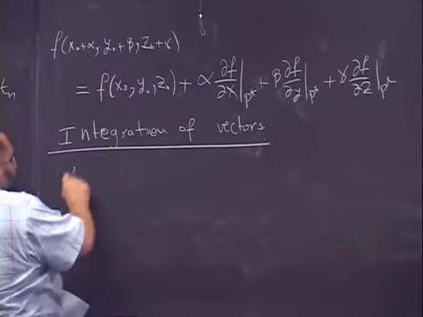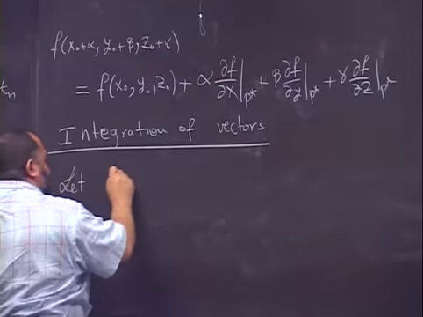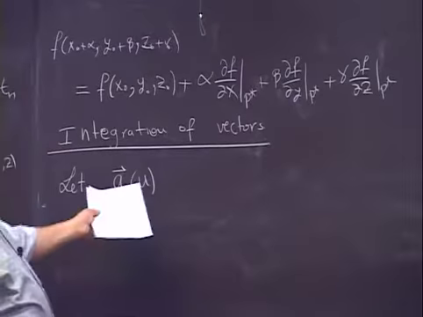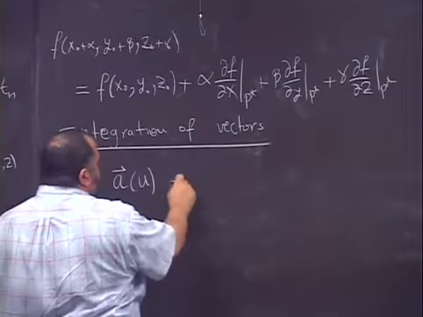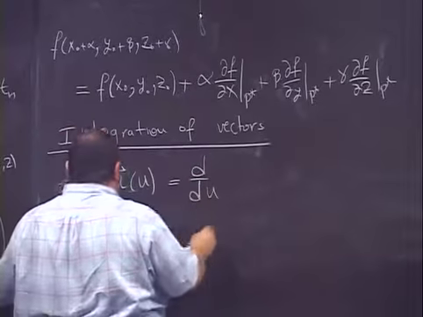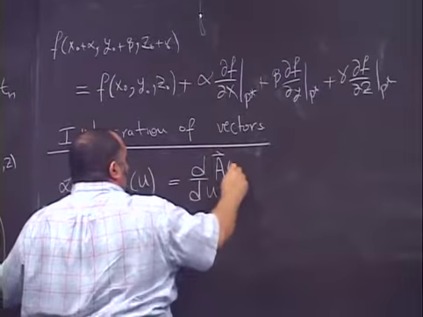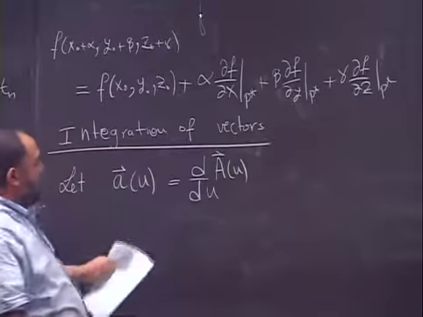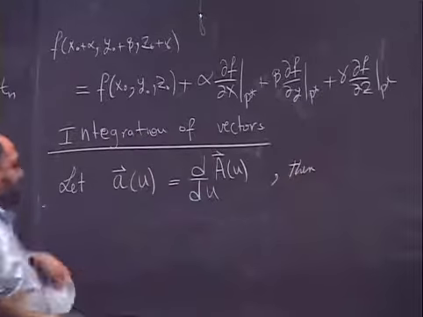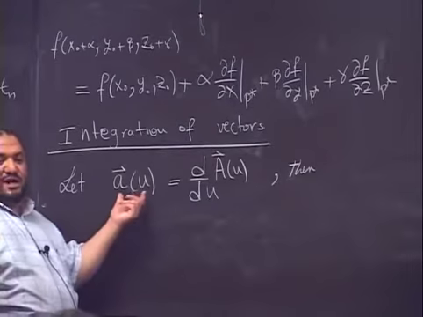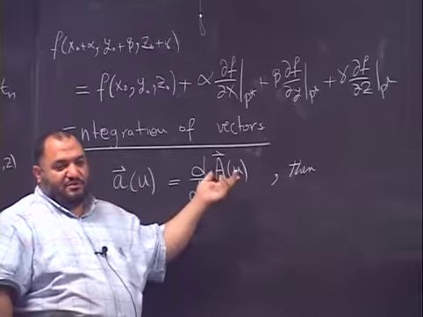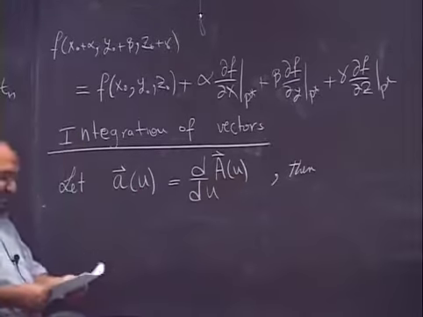Let's assume that we have a vector function a, which is a function of the independent variable u, and this function can be represented as the total derivative of another function, capital A, of the same independent variable. So in principle, you can represent a vector function of a single variable as a total derivative of another function of the same independent variable. You can do it like this.